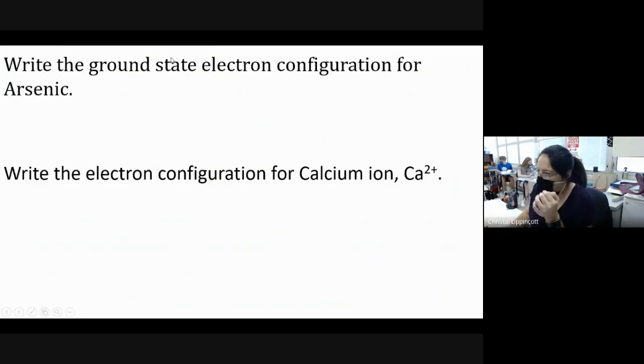I don't remember this. I remember the pluses and minuses. I don't know that in regular chem that we covered this.